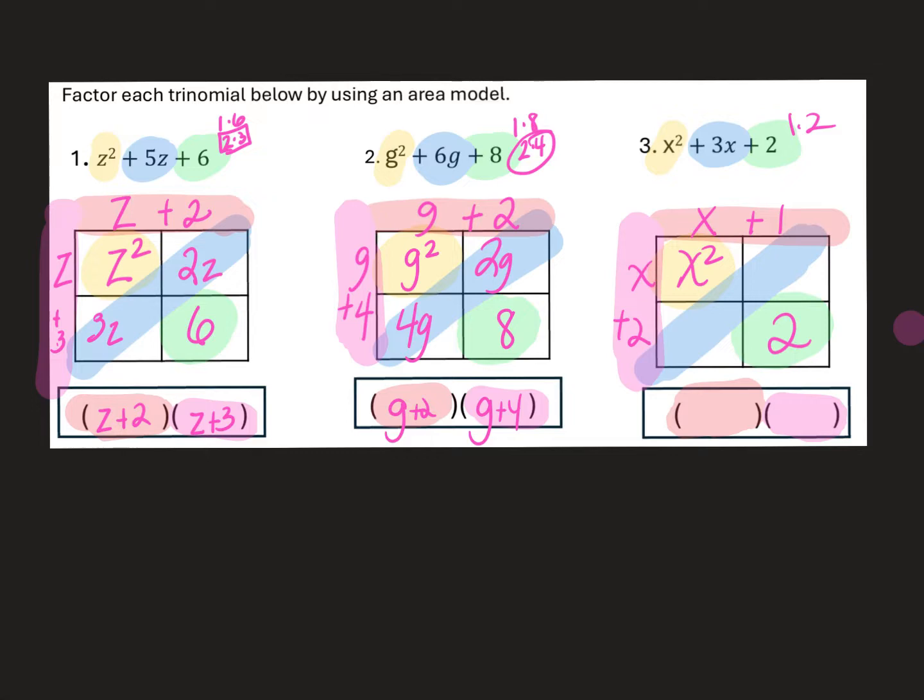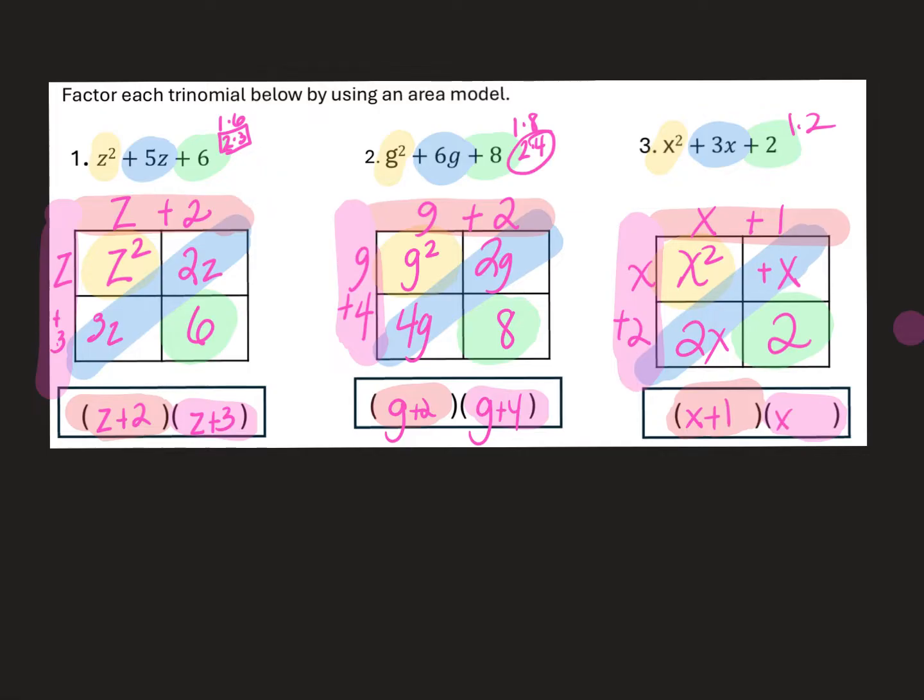Positive 1 times x is 1x. Positive x times 2 is 2x. When I add the blue together, do I get 3x? Yes, I do. So then that means my product is x plus 1 times x plus 2.